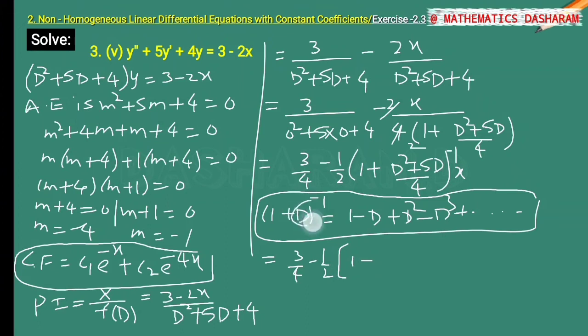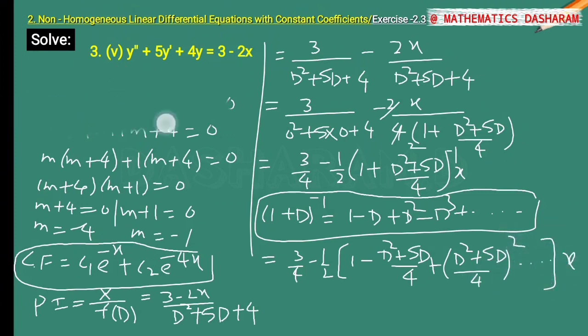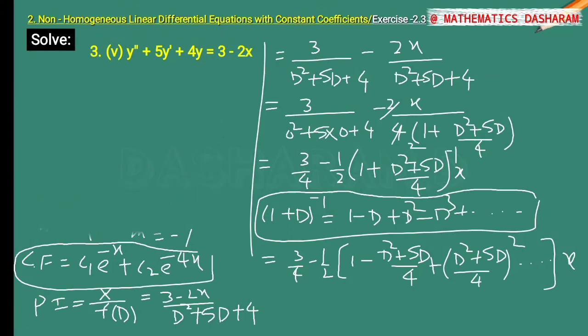So it is equal to 3 by 4 minus 1 by 2, 1 minus, in the place of D we have (D square plus 5D) by 4, plus (D square plus 5D by 4) whole square and so on, into x. So it is equal to 3 by 4 minus 1 by 2 bracket of 1 minus, here I am going to ignore the higher two derivatives, into x.